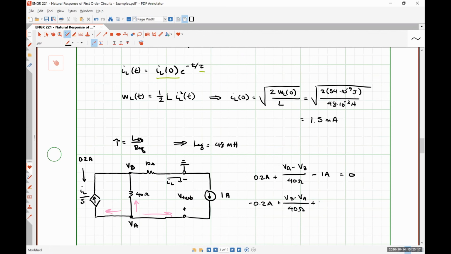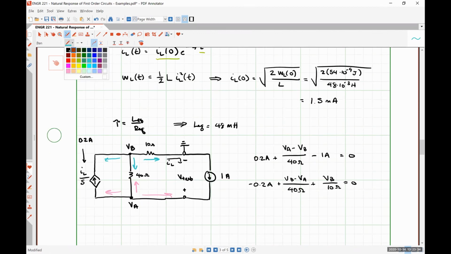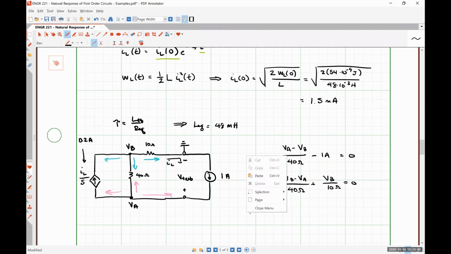And then lastly, I'm going to have VB divided by 10 ohms is equal to 0. So I'm taking into account this current, and this current, which are the 3 different branching paths from node B. So if I solve those 2 equations simultaneously, I can find VA and VB. So let's do that real quick.